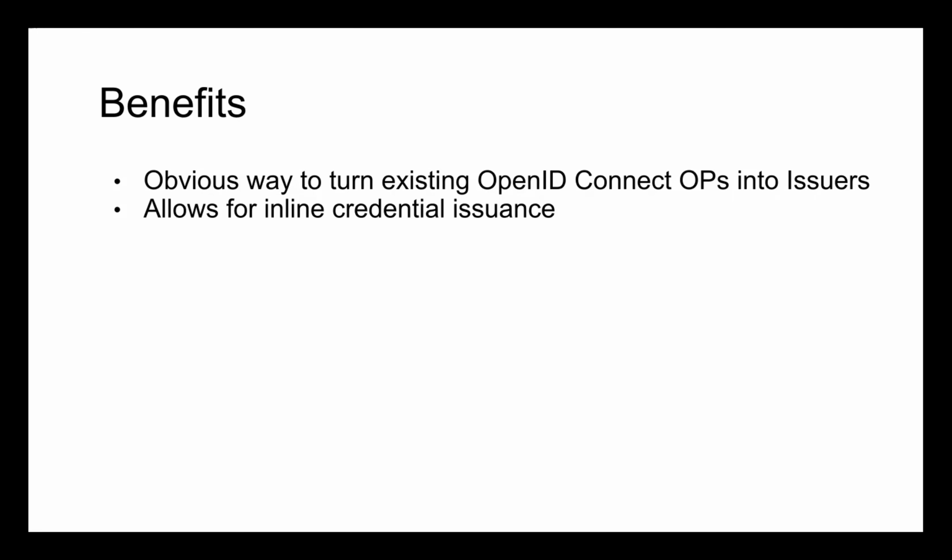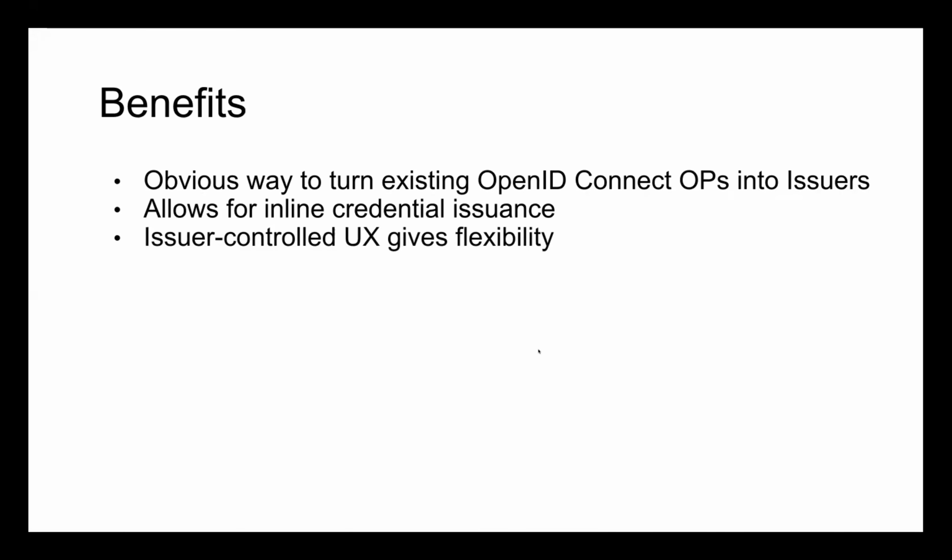Because in our experience in the past, people do not really set up their identity in advance, but they are triggered by the use case they want to accomplish at a certain point in time. So inline credential issuance is a very important benefit of the approach.